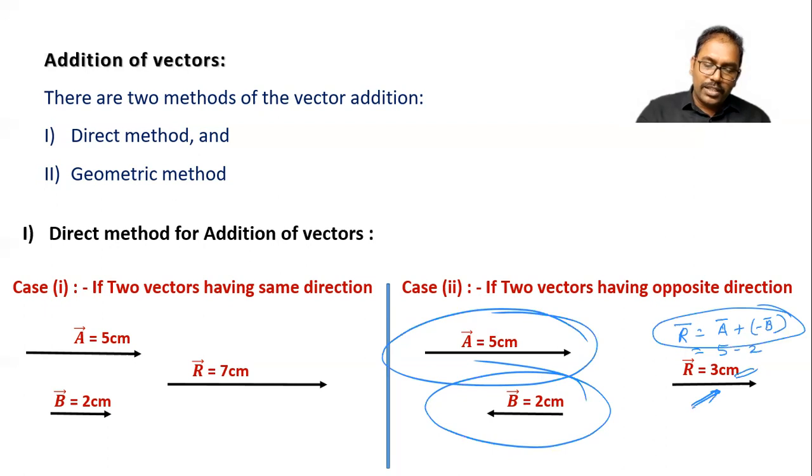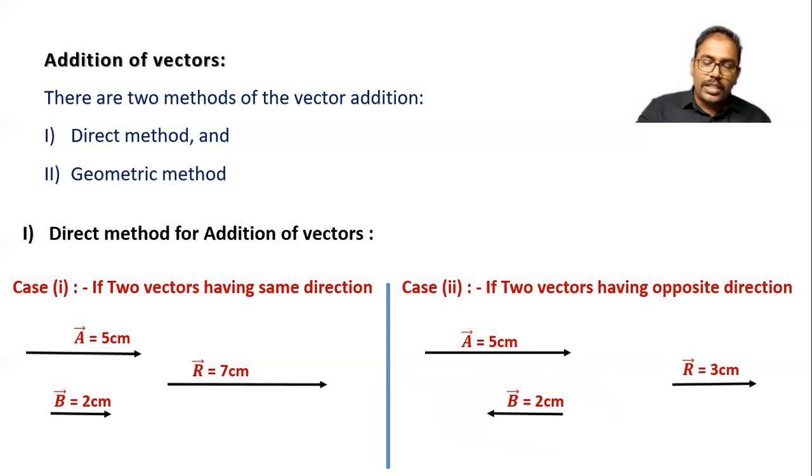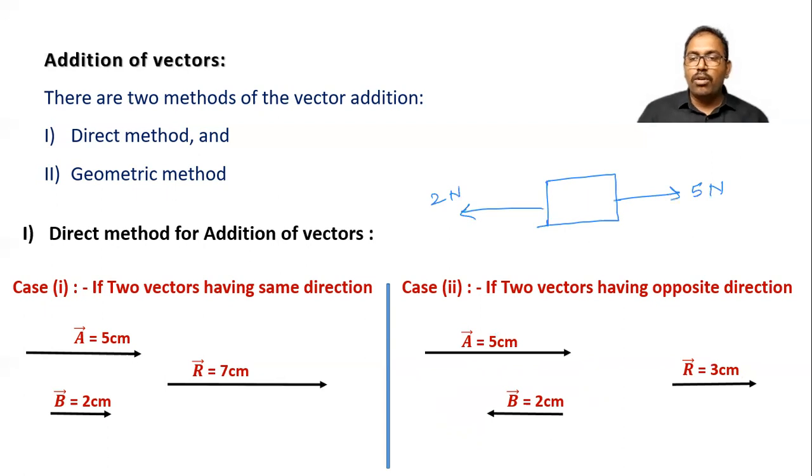Now let me tell you a general example. I consider one block here. On this block, two forces are acting. The first one is 5 Newton in this direction and the second one is 2 Newton in this direction. Then the block goes toward the larger force, and this case is similar to 3 Newton in this direction.